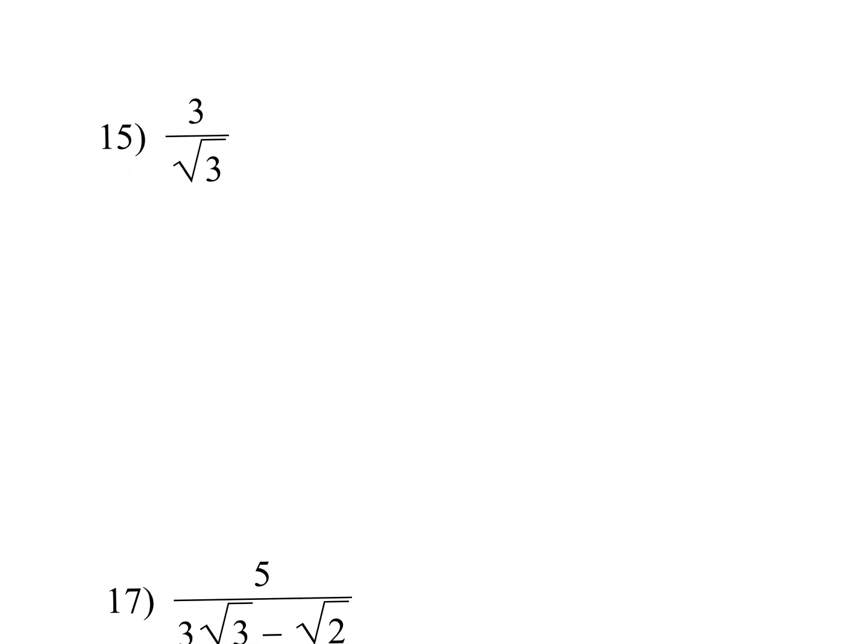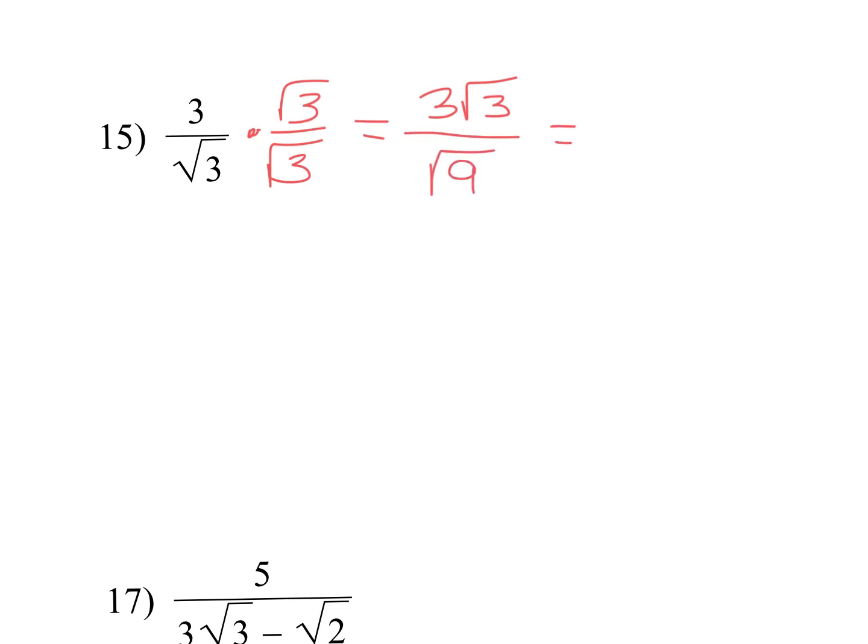Number 15, what's wrong with it? It's by itself. Square root's in the bottom, so how do I get rid of it? Multiply by itself on the bottom and the top. Multiply straight across, what do I get on the top? Yep, 3 square root of 3, and then the bottom, square root of 9.